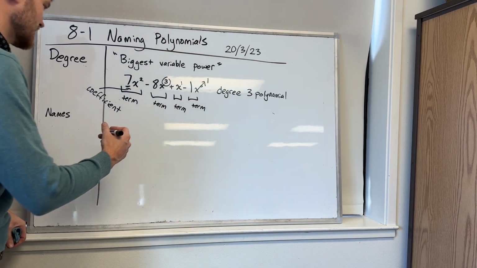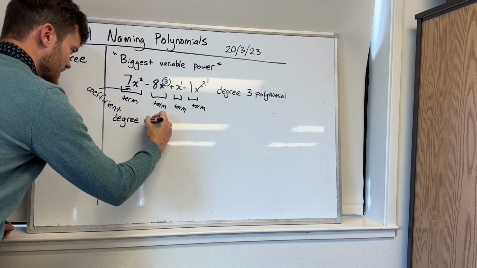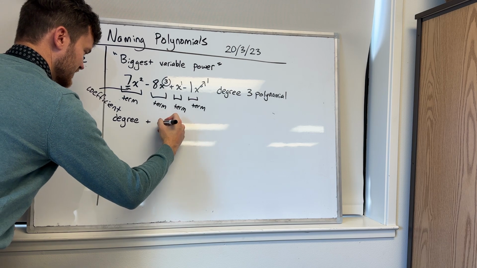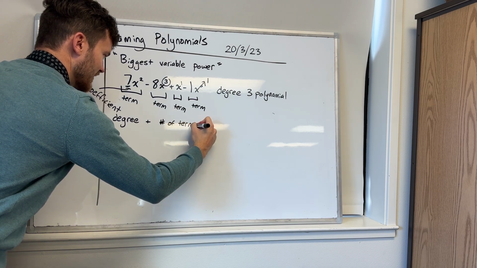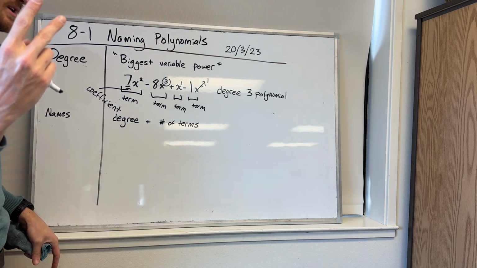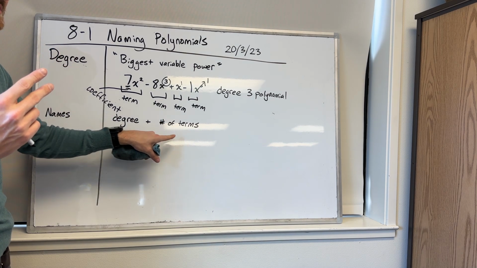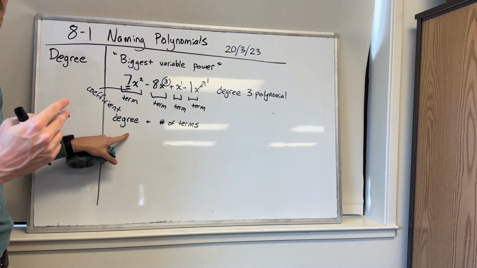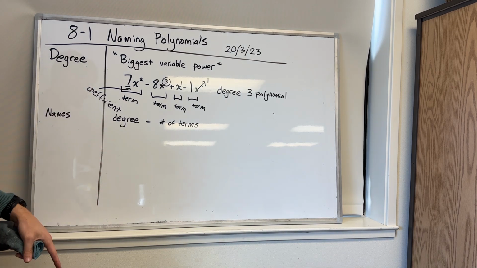Because the name is always going to be degree and the number of terms. Every single time that you name a polynomial, you'll always have two things you need to say. You need to say something about the degree and something about the number of terms, usually in that order.